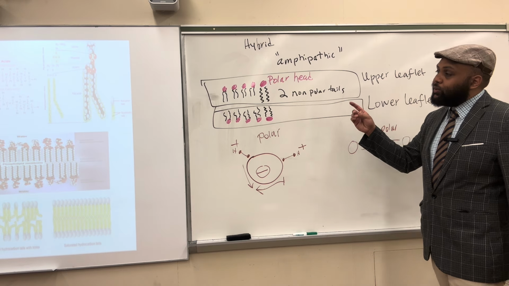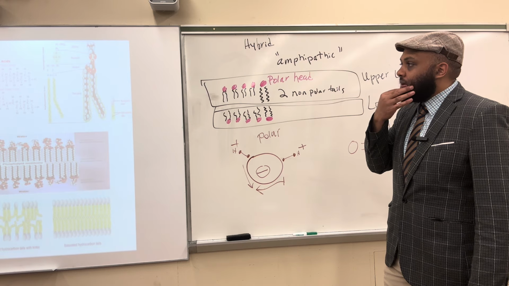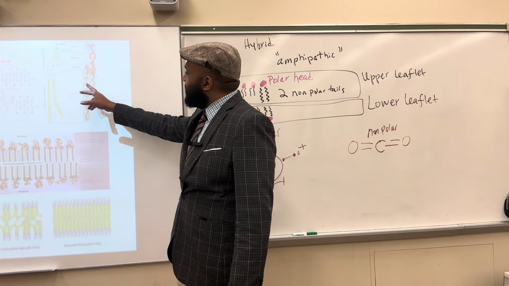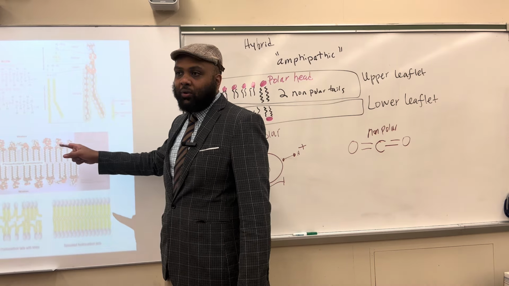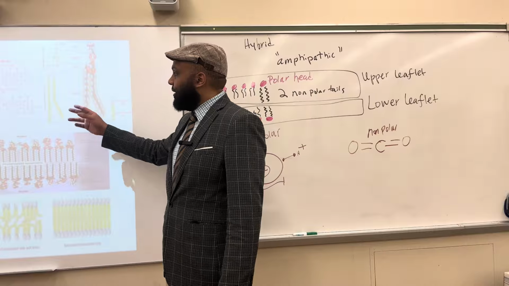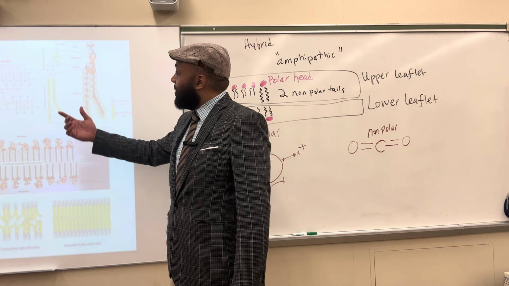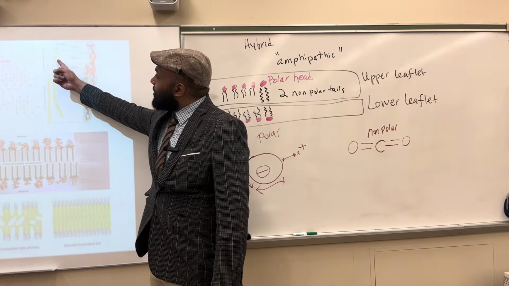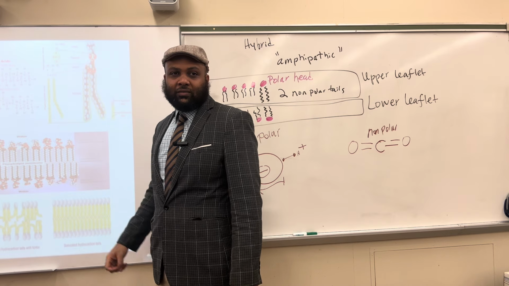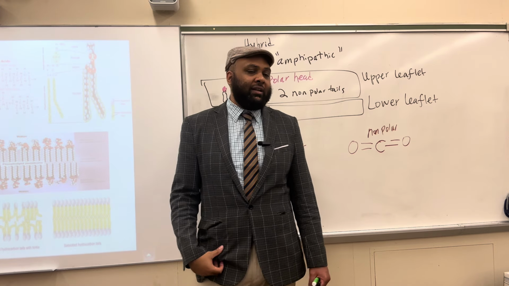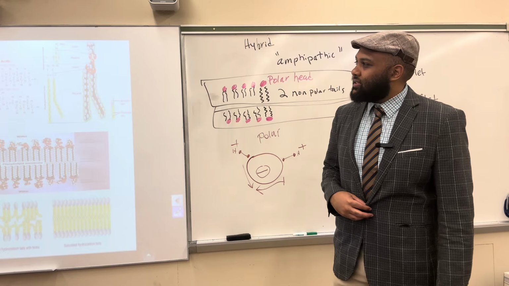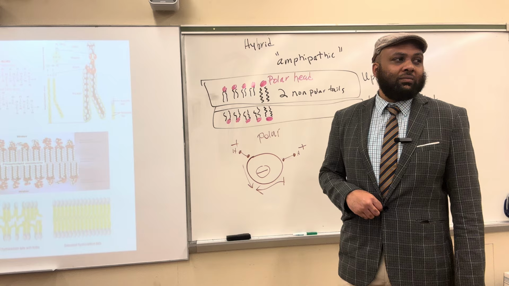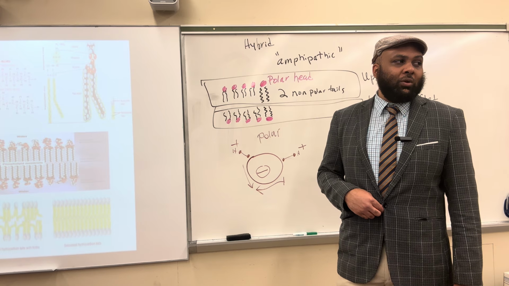So if you now look at the plasma membrane, here you have 2 tails who are non-polar. Non-polar meaning they don't have any charge on them. But the head, what do we have on the head? What atom is that? What element is at the top of the polar head that makes it polar?